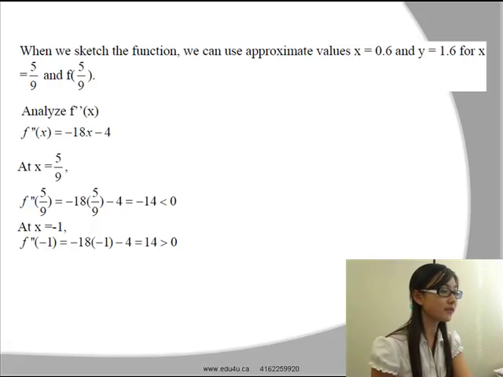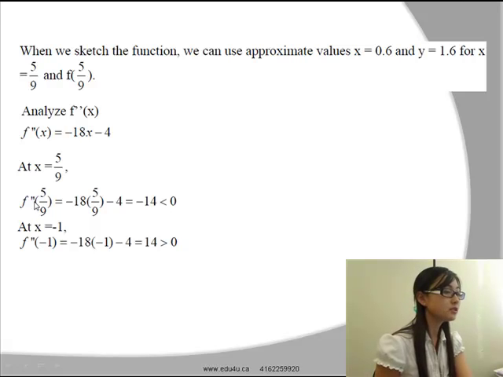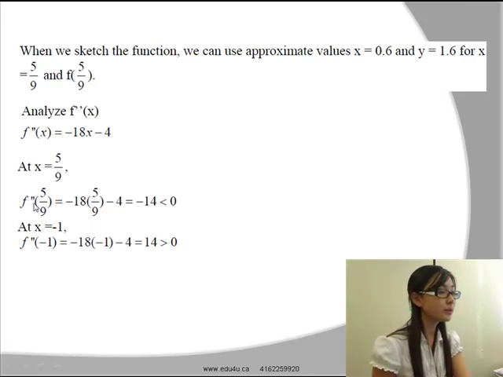Now that we have the critical points of 5 over 9 and negative 1, we have to figure out which one is the maximum and which one is the minimum. How we do that is we plug these two values into the second derivative function of f of x and see whether the second derivative will be a positive value or a negative value.